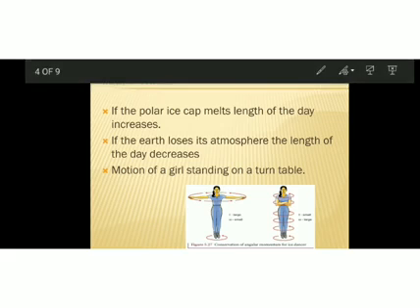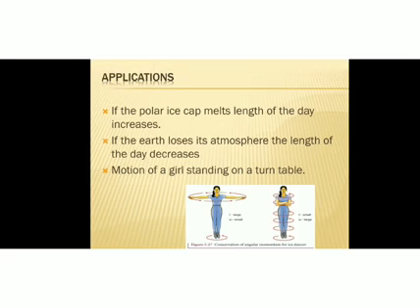Now, what are the applications of the law of conservation of angular momentum? The first application is, if the polar ice cap melts, the length of the day increases. How can we explain this with respect to the law of conservation of angular momentum? You know Earth is a rotating body, so it has an angular momentum, and the angular momentum of the Earth is constant.